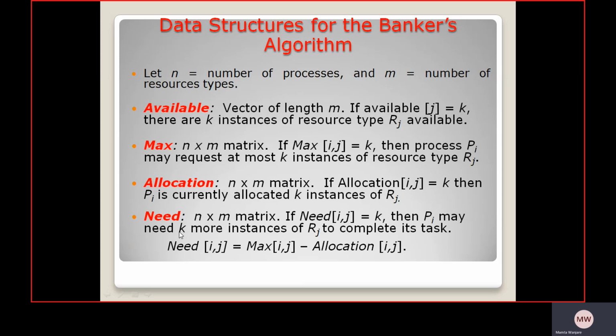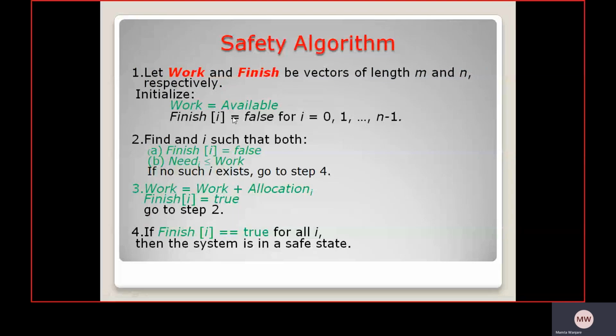First, initialize work equal to available, and finish equal to false for i equal to 0, 1, up to n minus 1. Second, find an i such that both finish[i] equal to false and need[i] is less than or equal to work. If no such i exists, go to step 4. Third, work equals work plus allocation, and finish[i] equals true.